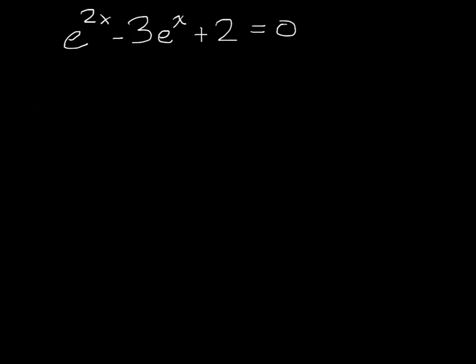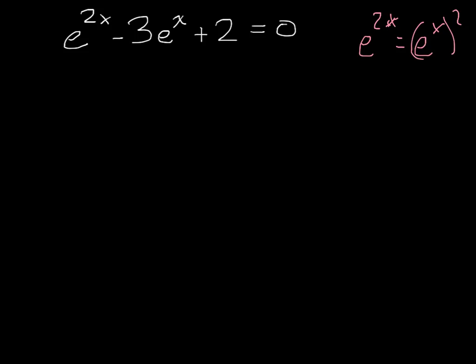Now this problem looks really intimidating at first, but once we do a little substitution, you'll recognize you already know how to do this. The biggest problem is that I have variables stuck in the exponents. My first trick is noticing a pattern for e to the 2x: e to the 2x is actually e to the x, squared.